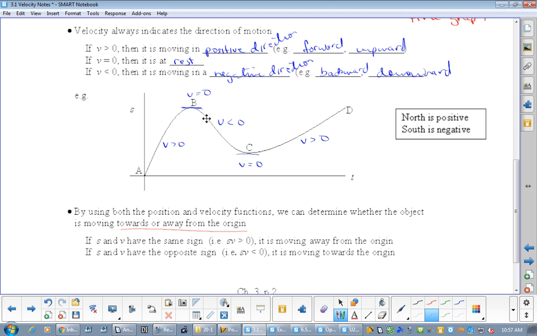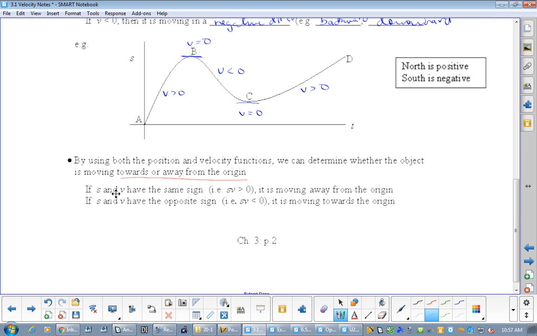With positive displacement, or S, but negative velocity, we are getting closer to the origin. So if S and V have the same sign, it will be moving away from the origin. That's important to know. If they have opposite signs, they will be moving towards the origin.